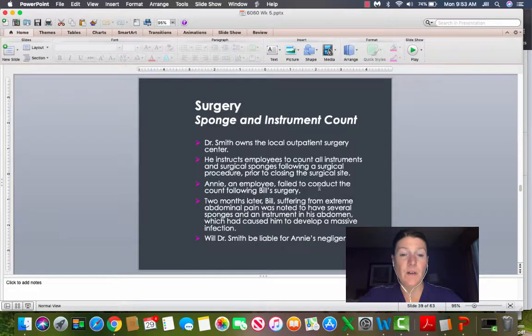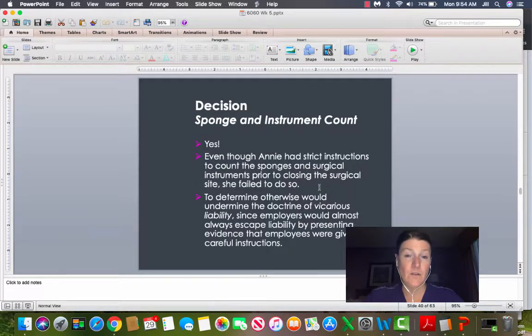Annie, who was an employee of the facility, failed to conduct the count on Bill, who was having surgery. Two months later, Bill started having extreme abdominal pain and was found to have sponges and an instrument in his abdomen, which caused an infection. So in this case, will Dr. Smith, who is the owner of the facility, be liable for Annie's negligence?